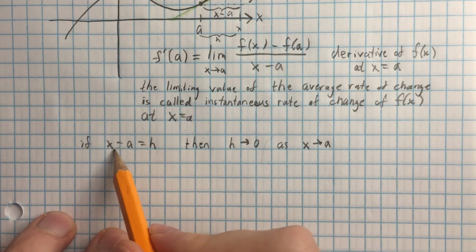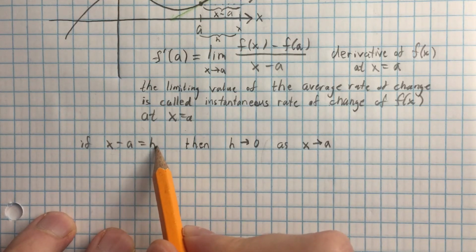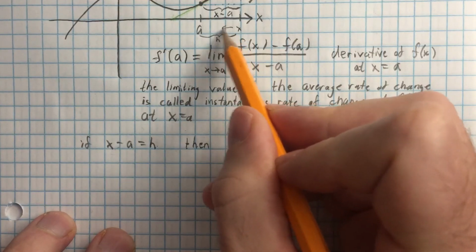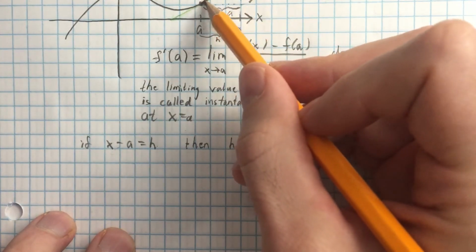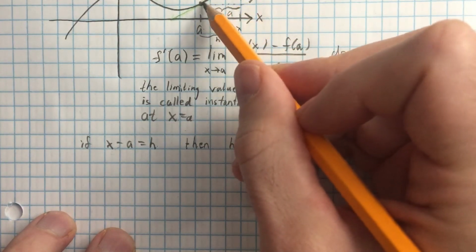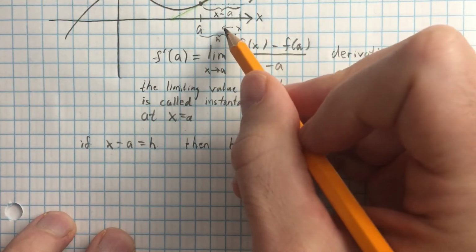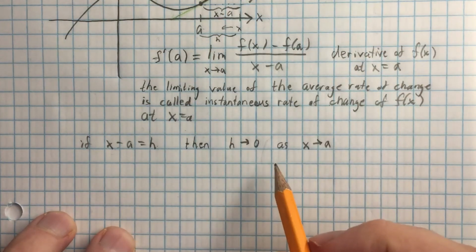Because if x is approaching a, then this difference here is certainly approaching 0. Right? H should be approaching 0. It's pretty clear from the picture anyway, if x is heading towards a. As we move down the curve here and create more and more secant lines, which are closer approximations to the green tangent line, certainly the distance between them is closing down to 0. That's all this is saying here.